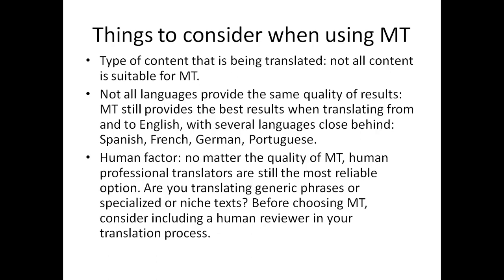The third one is that whenever we use machine translation to translate text, we still have to find human professional translators to review the quality of the text. Why is it so? Because sometimes, as mentioned earlier, not all content of text is suitable for machine translation.